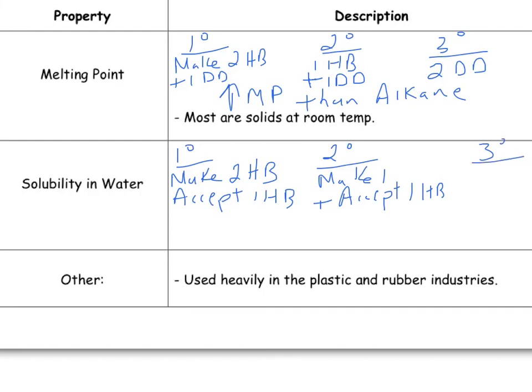And if it's a tertiary amide, you can accept 2 hydrogen bonds. This combination of intermolecular forces makes amides have higher solubilities than alkanes.